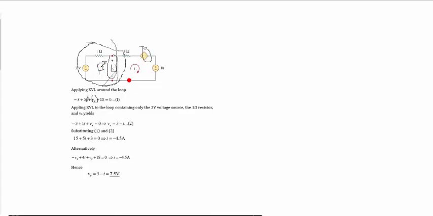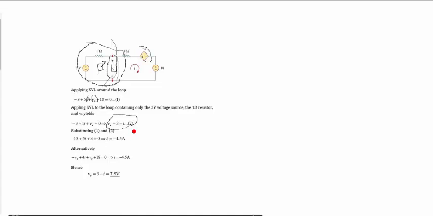Then you see that Vx comes to 3 minus I. This is what you will substitute in place of Vx. When you substitute equation 1 and equation 2, you get your answer as minus 4.5 amps.